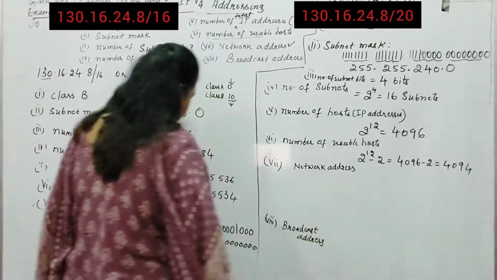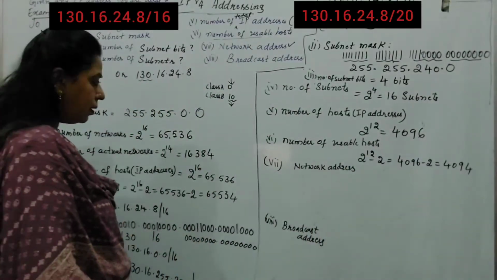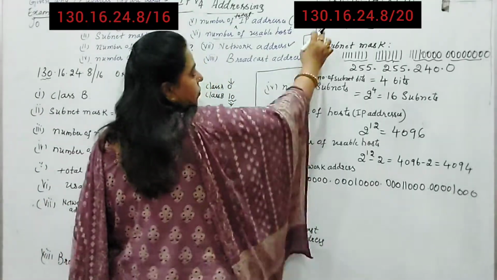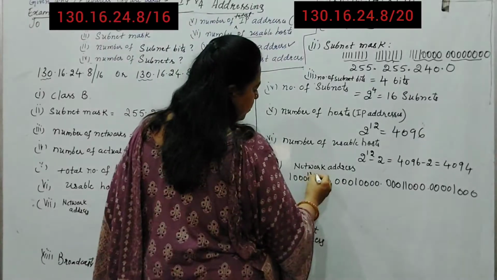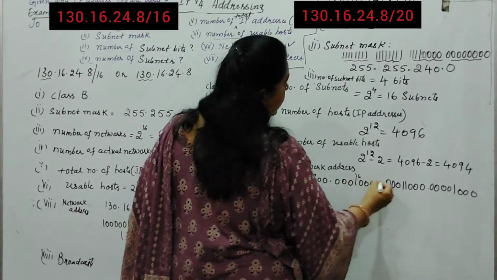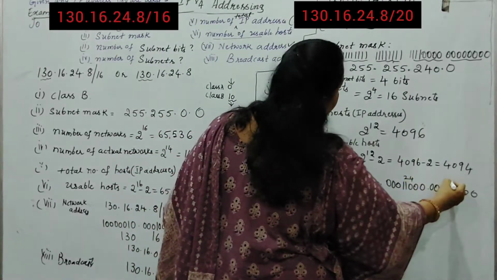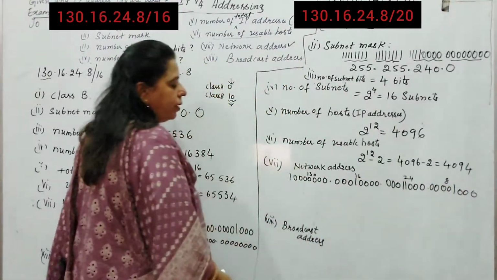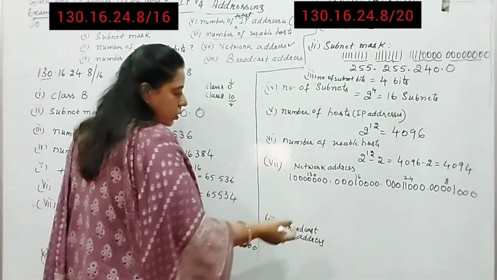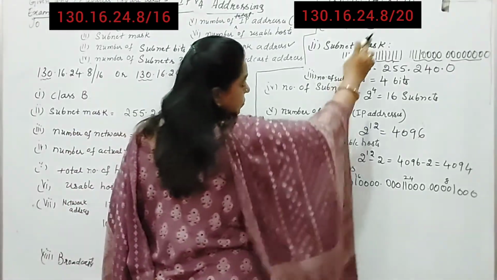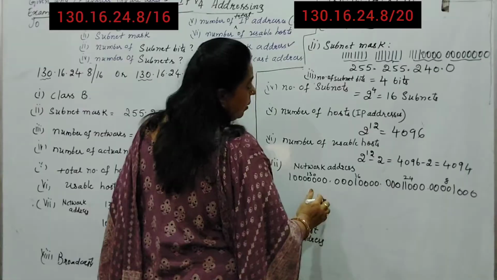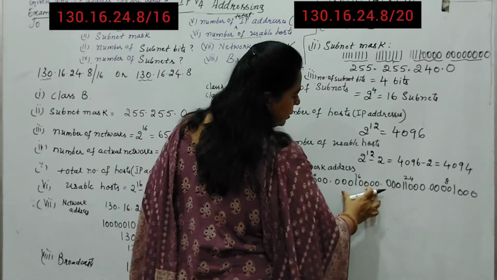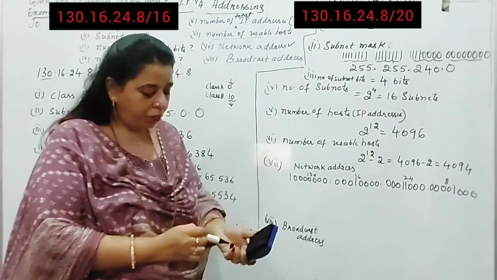Next comes the network address. So here, as I said, write this in the form of binary. So what I have done is, this is 130, fine, this is 16, 24 and this is 8. Whatever is the given IP address, I have written it into binary. Now to determine the network address or the first address, I have to keep as it is the 20 bits. 20 bits means 8 is here, 8 is here, 16, 17, 18, 19, 20, 4 bits from here.